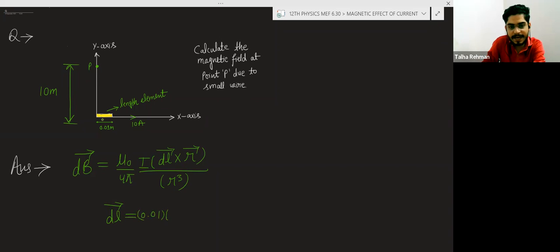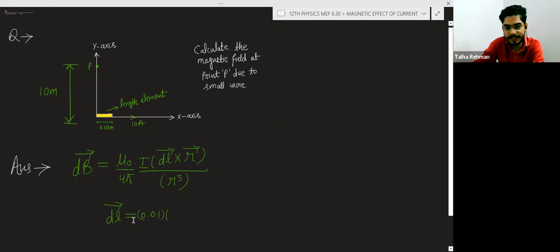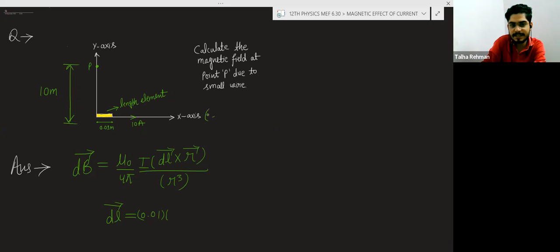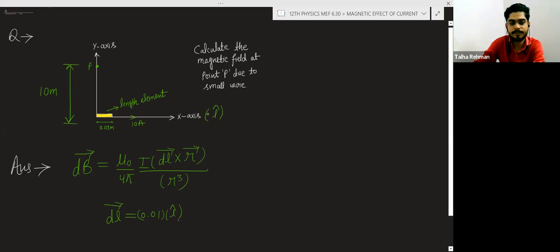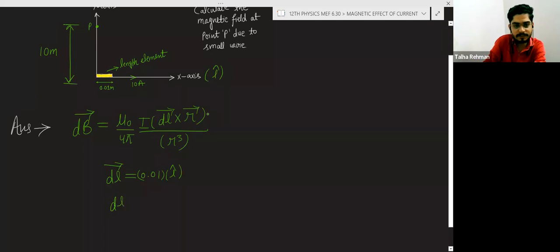And you will multiply this with the unit vector in the direction of the current. For the direction, you will take the direction of the current, and current is in the direction of x-axis, and along the x-axis I cap is the unit vector. So you will multiply this with I cap. So you will get the dl vector. So dl vector is 0.01 I cap.